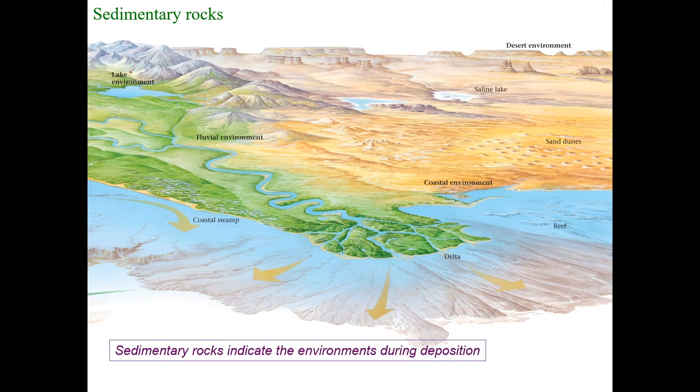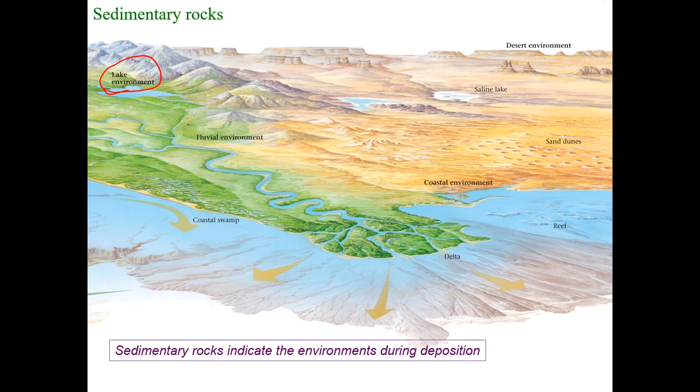We all know that from sedimentary rocks. So different environments lay down different kinds of rocks. Lakes, for instance. Have you ever gone to a lake? Think about this: what kind of sediment do you find on the bottom of a lake, right?